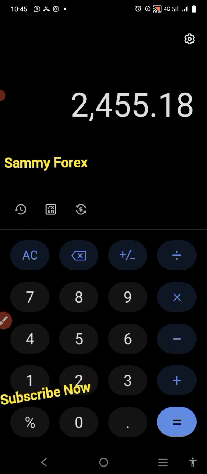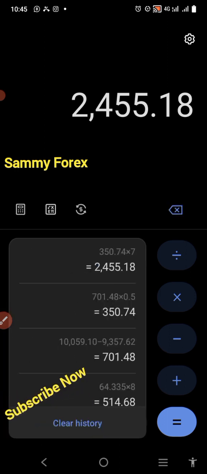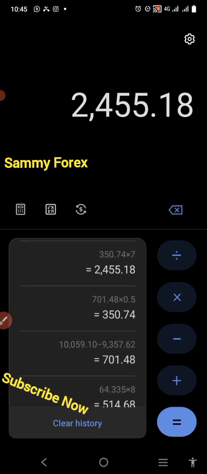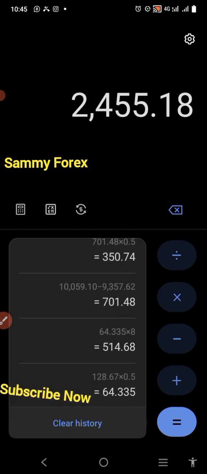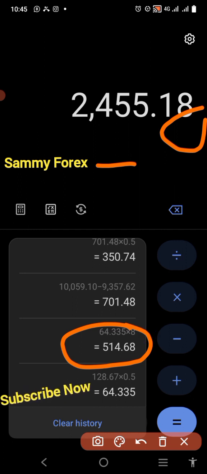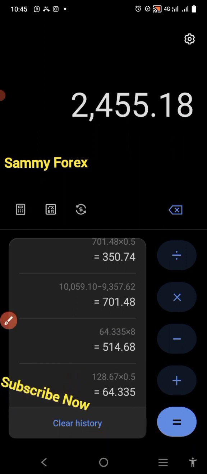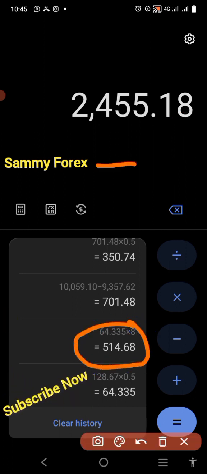Now to know if you're doing good business or not, minus the stop loss from the take profit. If the market doesn't go our way, we'll lose 514.68.